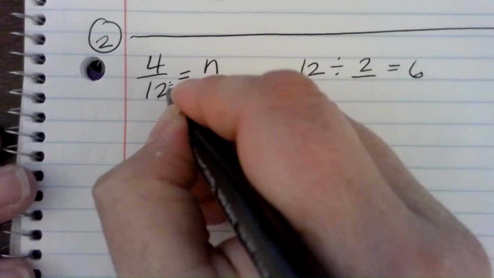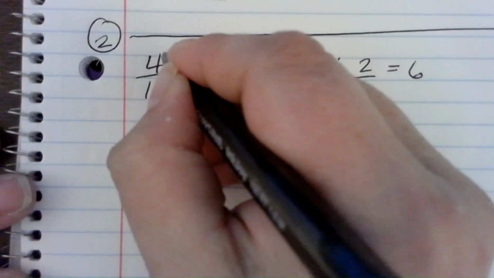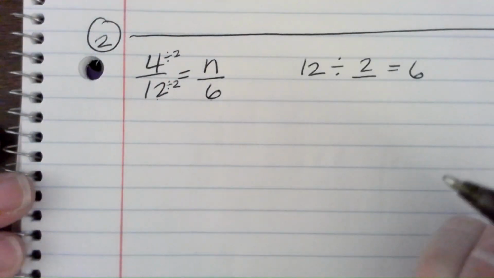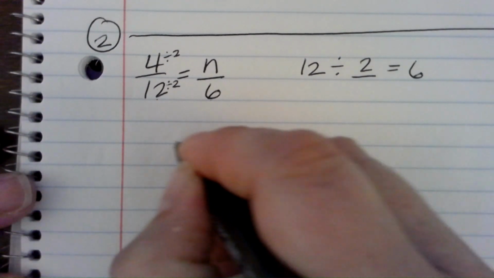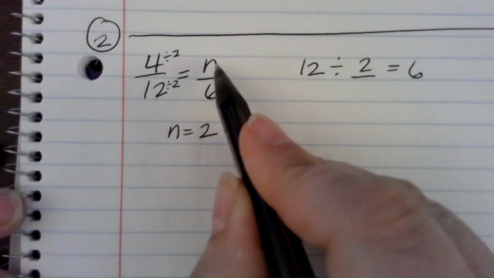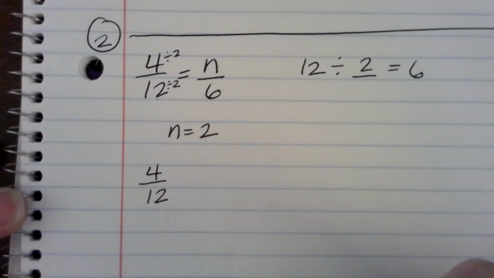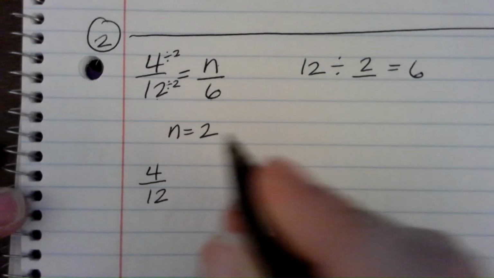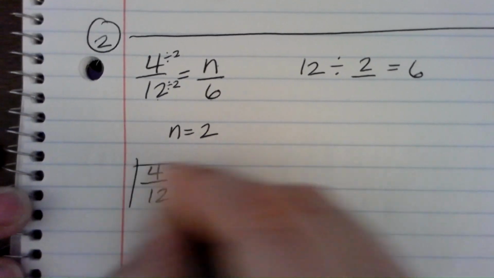That means that I divided by 2 on the bottom. So now I'm going to divide by 2 on the top. 4 divided by 2 gives me 2. So n equals 2. And if I write that whole thing out, I now know that 4 twelfths is equal to 2 over 6.